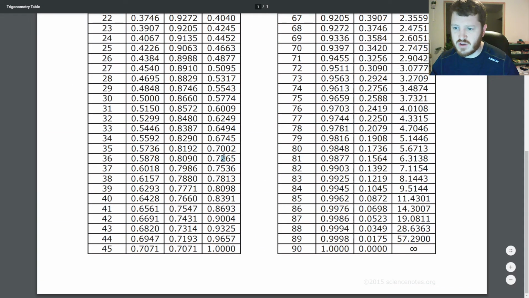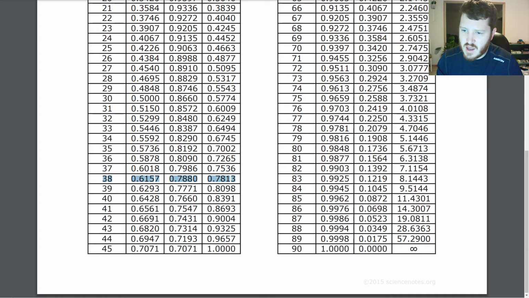So we search for the number closest to 0.782, which is this one, 0.7813. So this angle is 38 degrees. So the tan of our angle equals 0.782. So our angle equals 38 degrees.